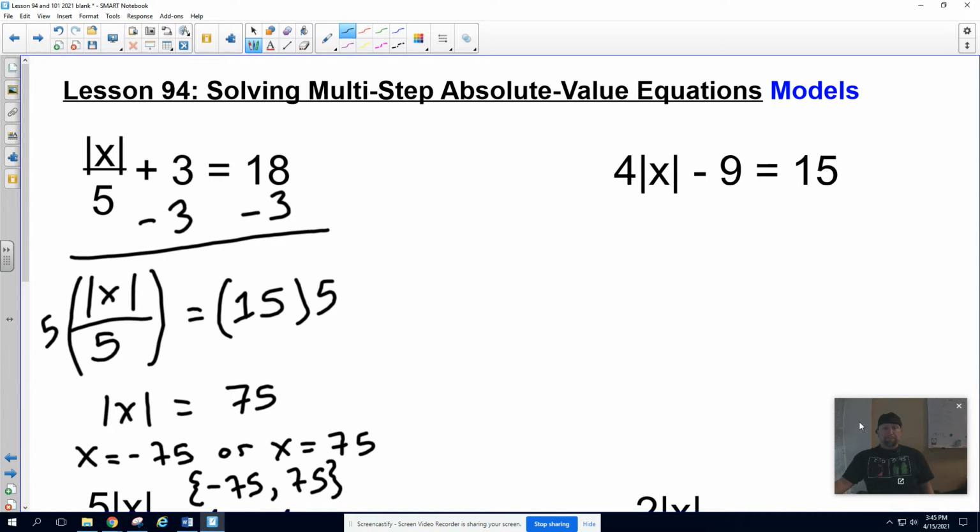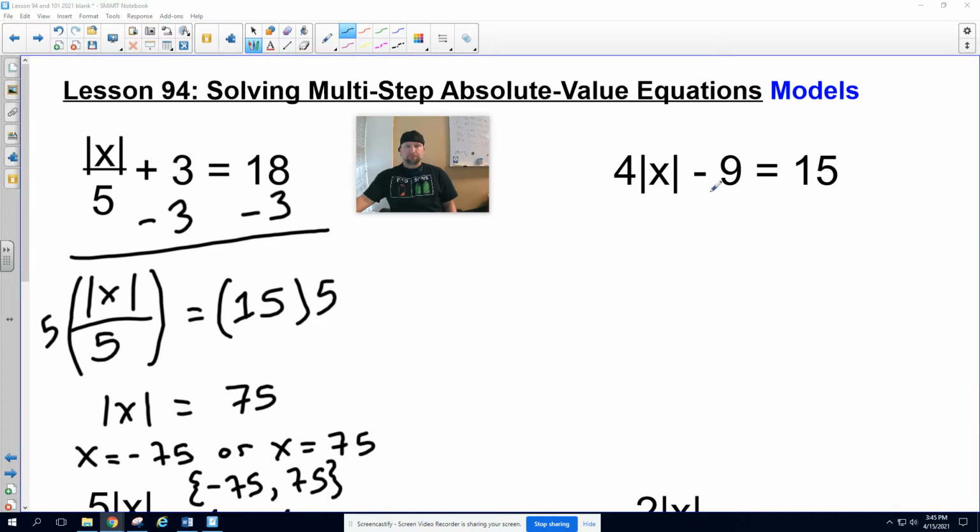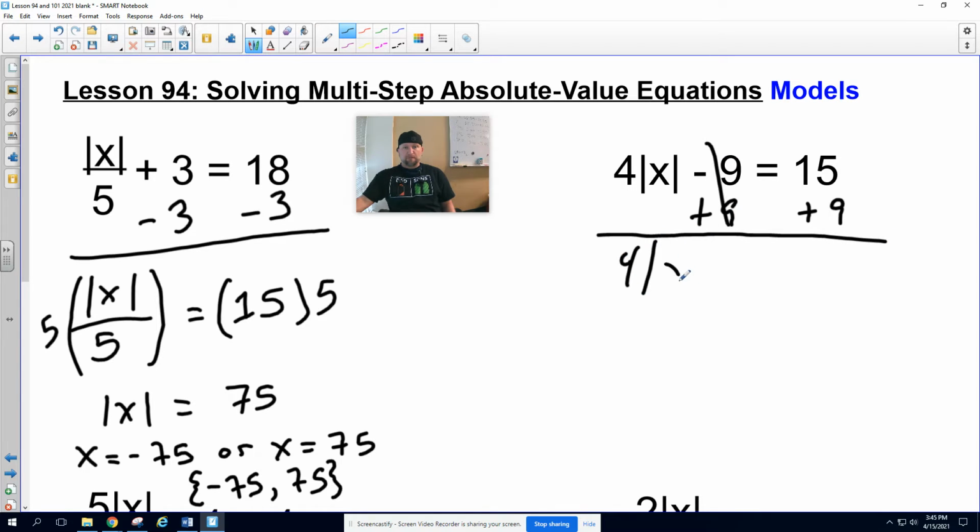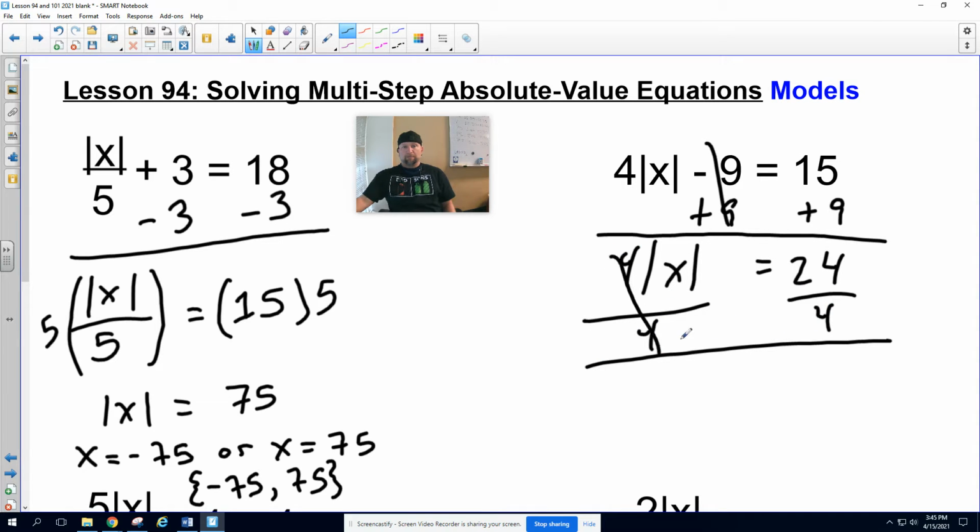And that's how we would write it as set notation. For the next one, this time we just add 9 to both sides. 9 minus 9 cancels out, leaving us with 4 times the absolute value of x equals 24. Divide both sides by 4. The 4's cancel out.